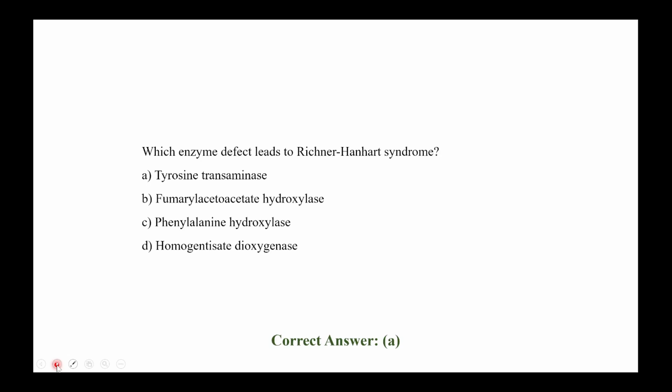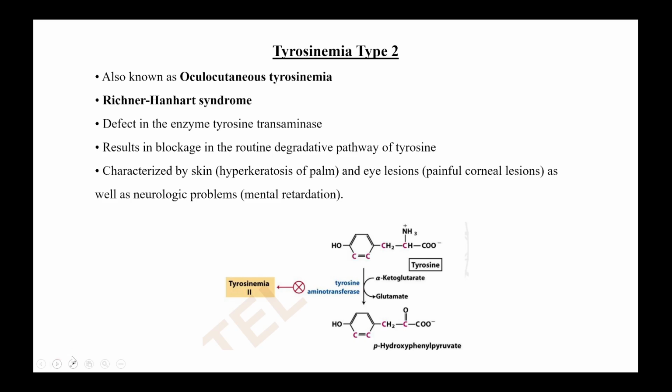So tyrosine transaminase or tyrosine aminotransferase, these two names can be used interchangeably. This enzyme deaminates the tyrosine to make para-hydroxyphenyl pyruvate, and tyrosine gives the amino group to the alpha ketoglutarate to become glutamate.